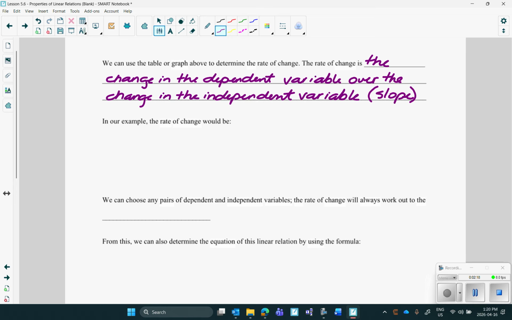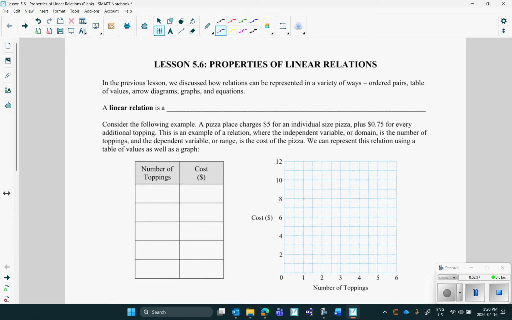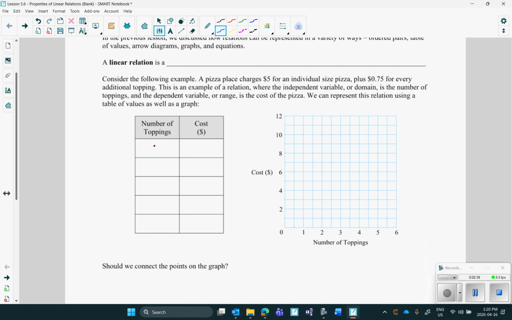So if you remember, at the beginning of this lesson, we did the number of pizza toppings and the cost. We can find the rate of change by dividing the change in the y's. Don't worry, I'll go back to this page. Remember, we had this table filled out. I'm not going to fill out the whole thing.